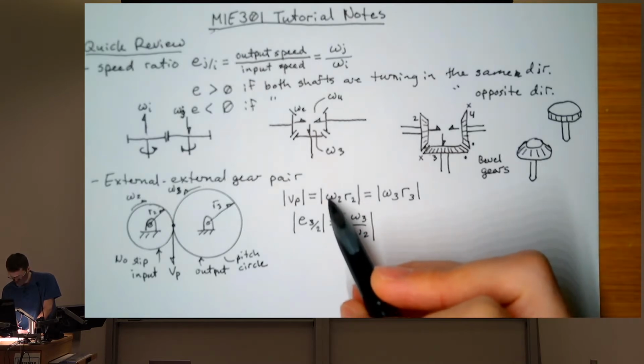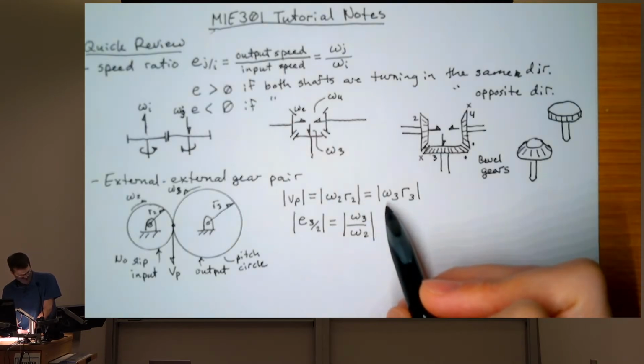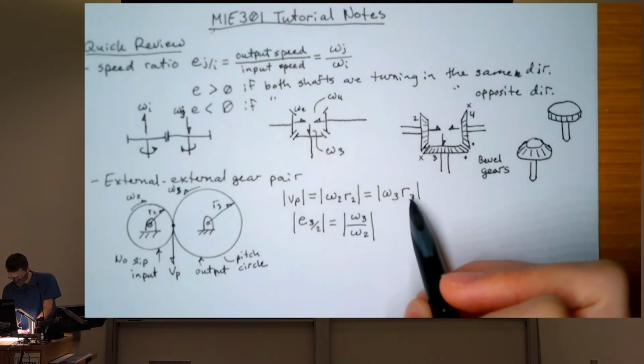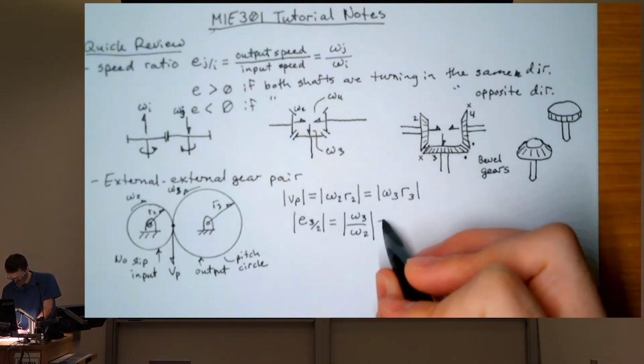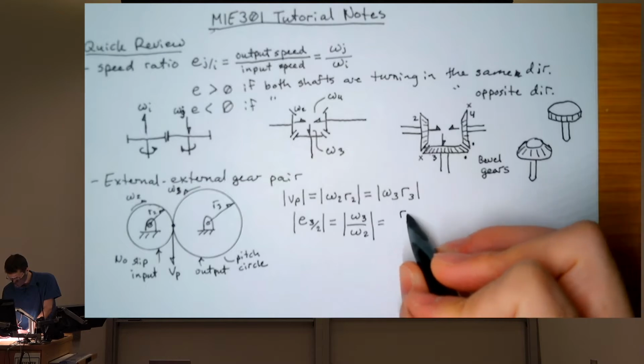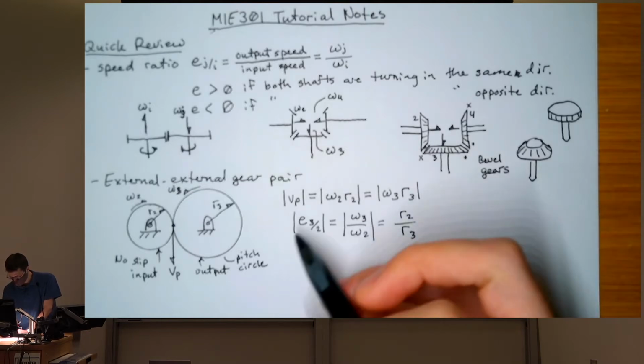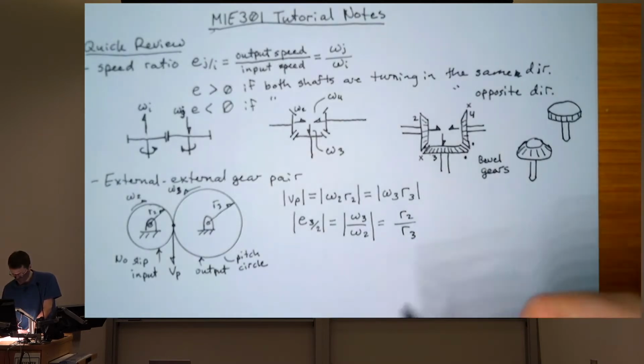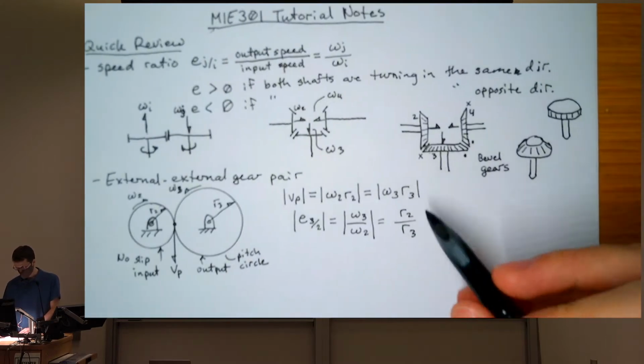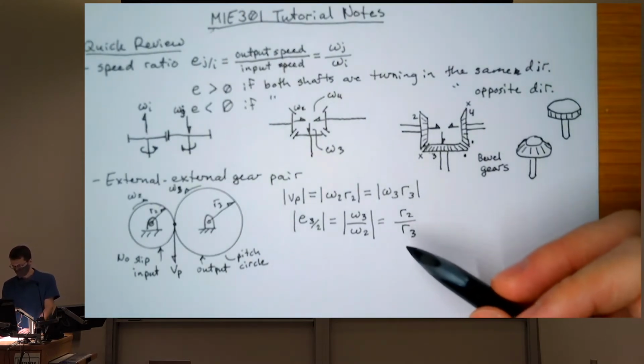So if we bring omega 2 over to this side, so divide both sides by omega 2, divide both sides by R3, then we get R2 over R3. So that's the magnitude of the gear ratio, the speed ratio is just the ratio of their radii.